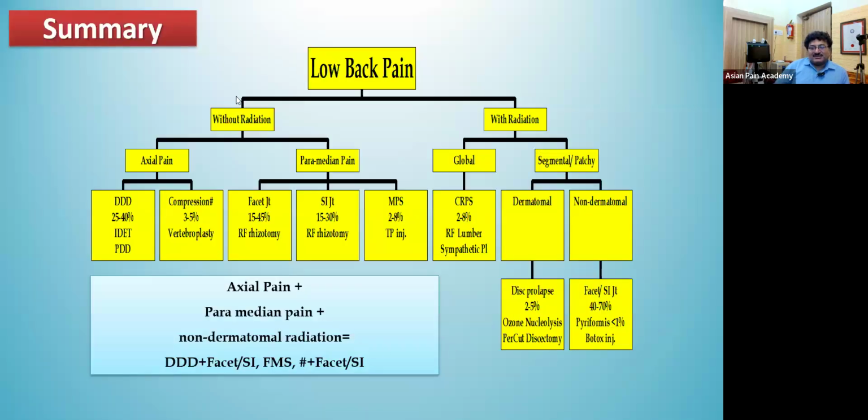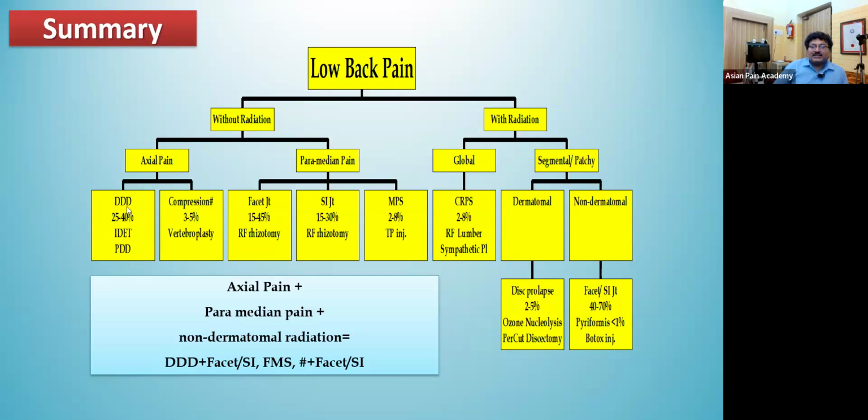Now, after this, there is a chart. Low back pain without radiation: if the pain is axial, you will think of degenerative disc disease or a compression fracture.